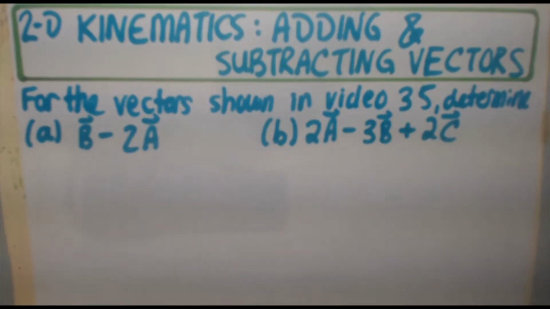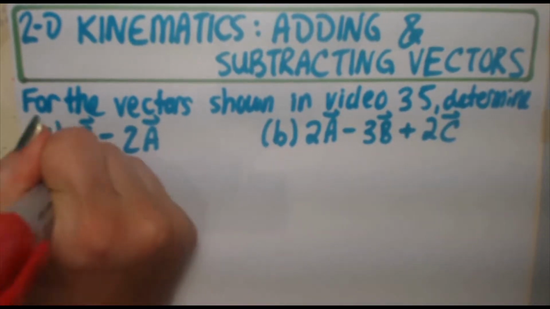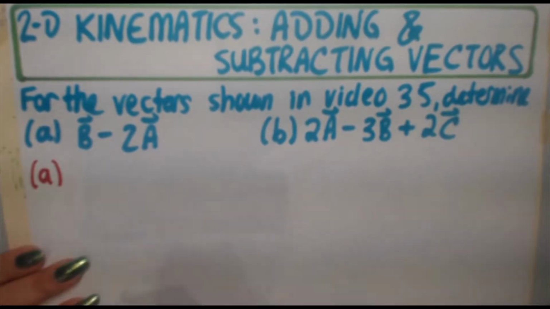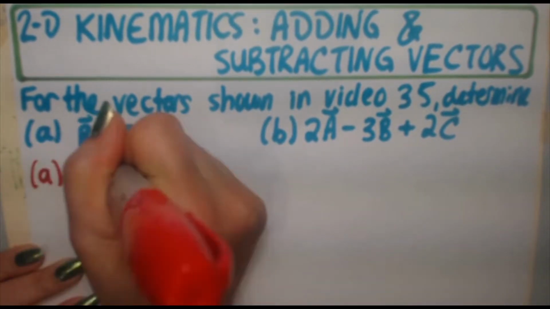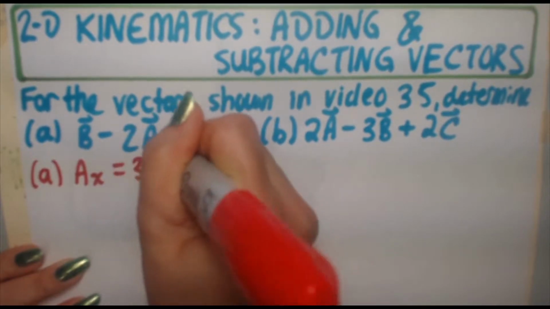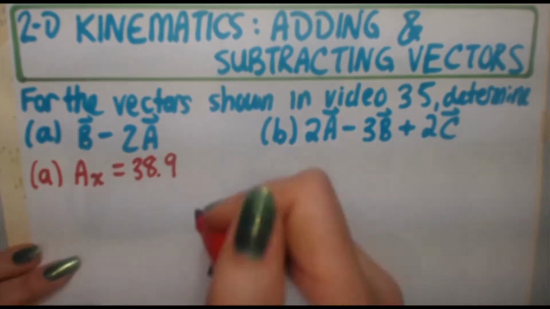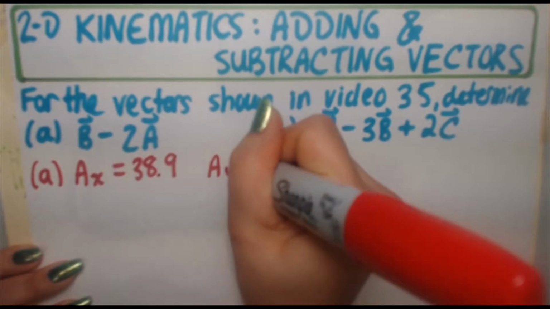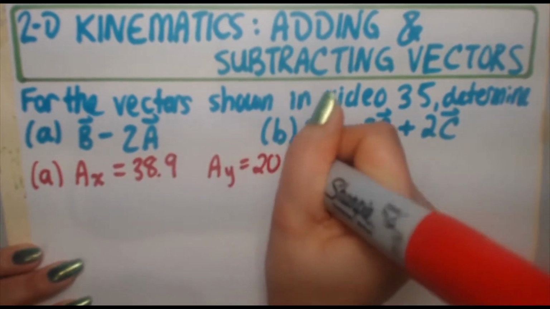For A, following the same color coordination, let's write down our values just so we have them. AX we found to be 38.9. AY we found to be 20.7.